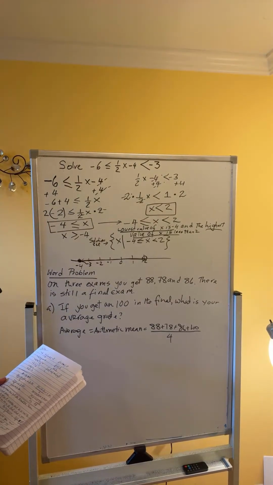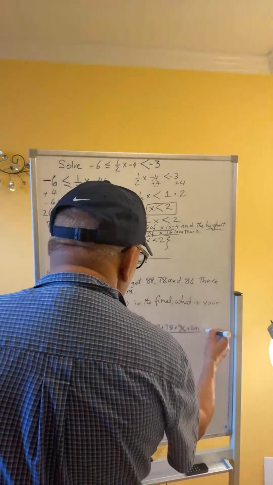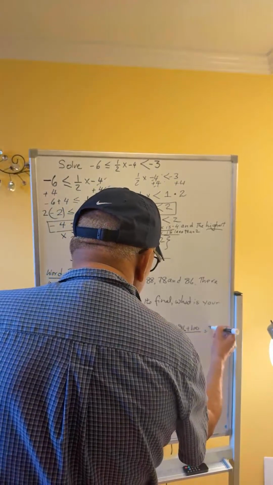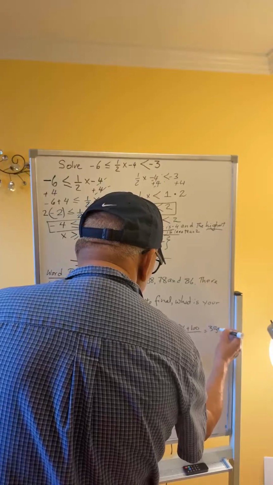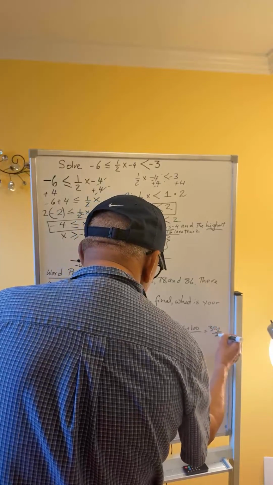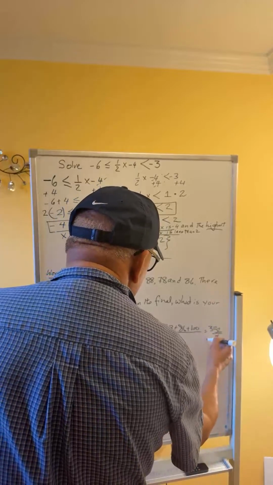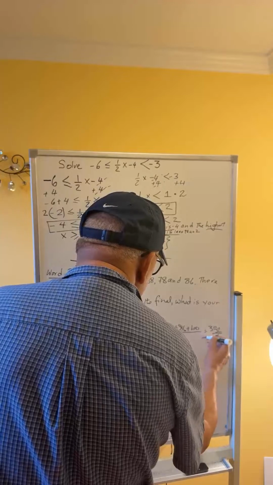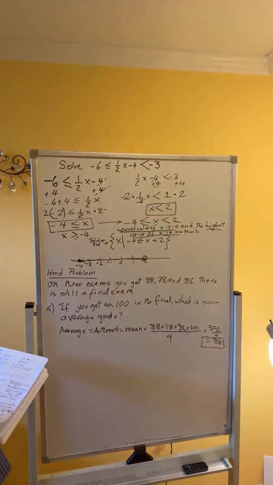So that is equal to, if you add these four numbers, 352 divided by 4. Okay, and 4 goes into 352 88 times. So your average score is 88.